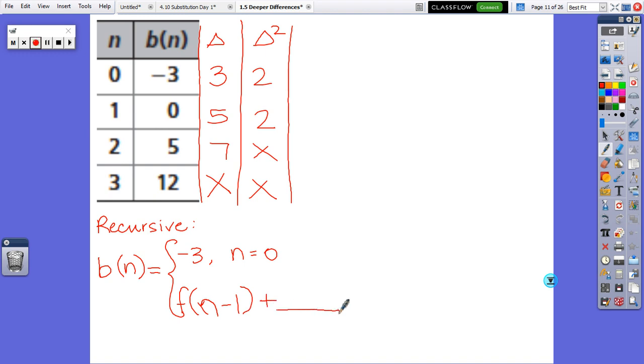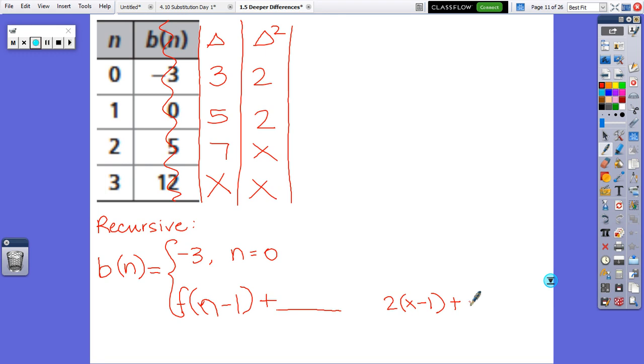So remember, what we do is we take the delta 2 column, and we're going to do 2 times x minus 1 plus whatever our delta column is. So remember, this is the part where we're ignoring this one and we're pretending like this is our new output and this is our new delta column.